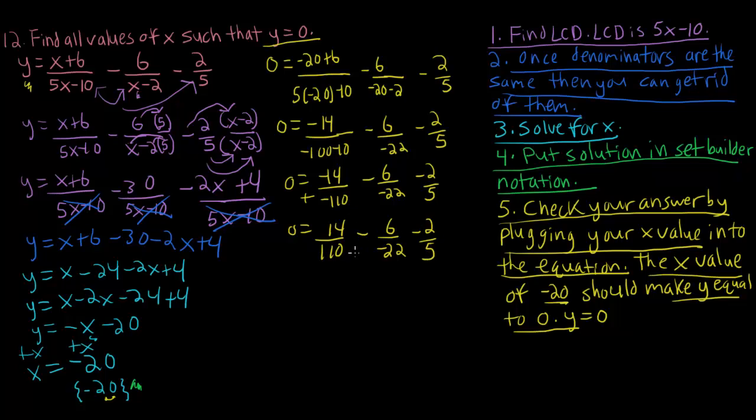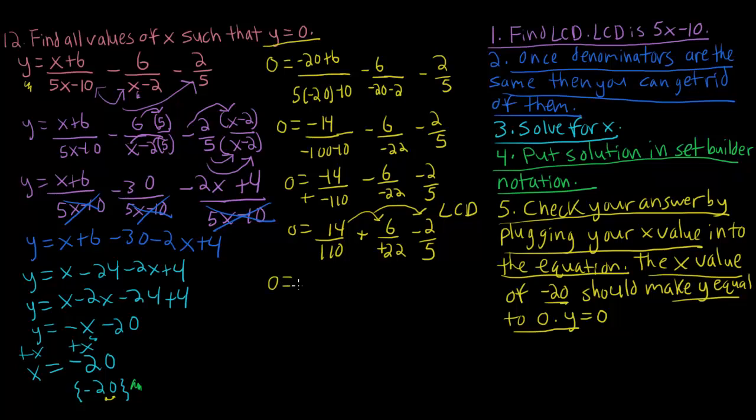And here we need to subtract these three fractions. We need to find an LCD, and the LCD I can see right here is going to be positive 110. And actually right here we have negative 6 over negative 22, so two negatives give us a positive. So we have 14 over 110 plus 6 over 22 minus 2 over 5.